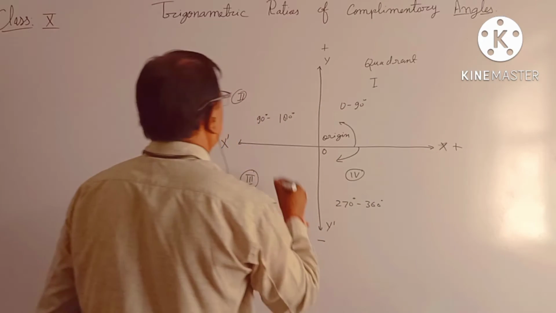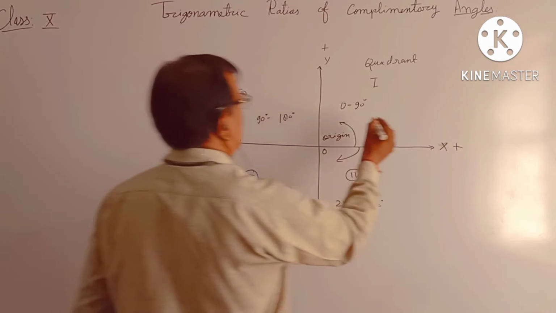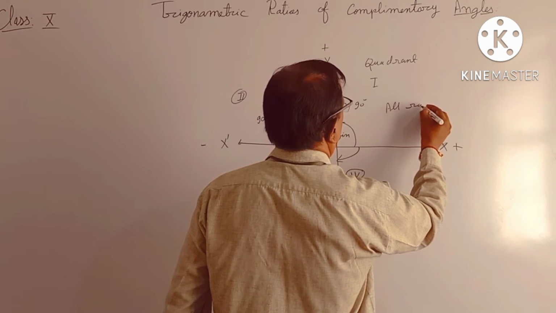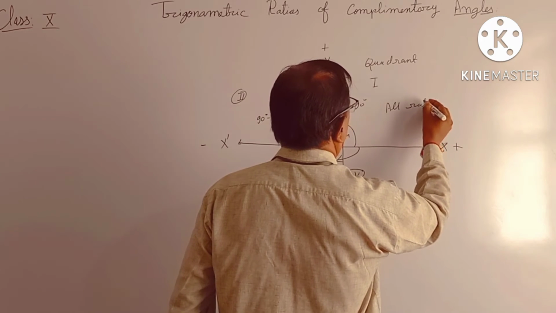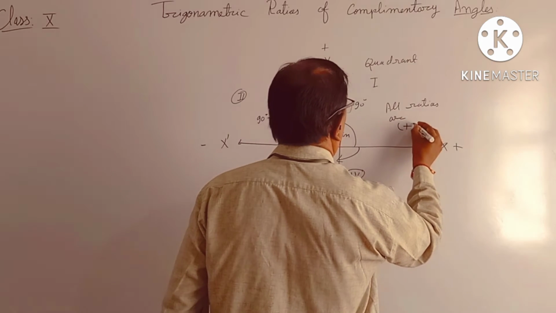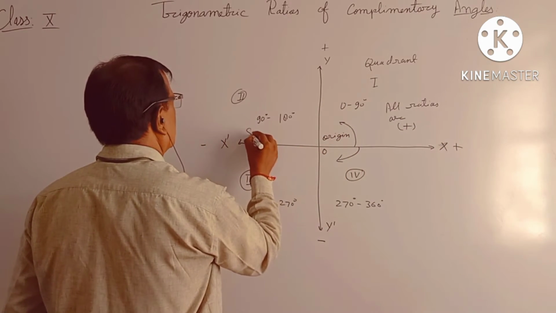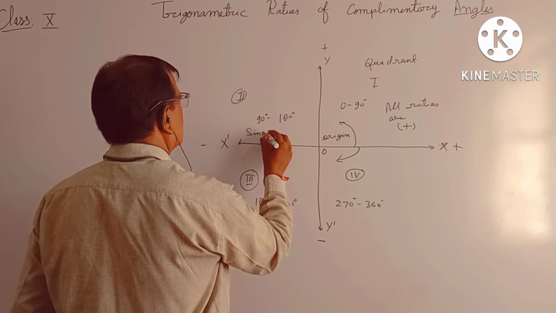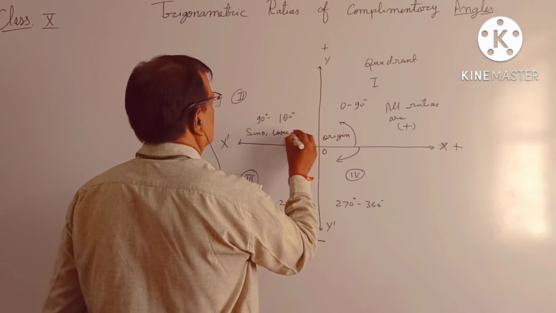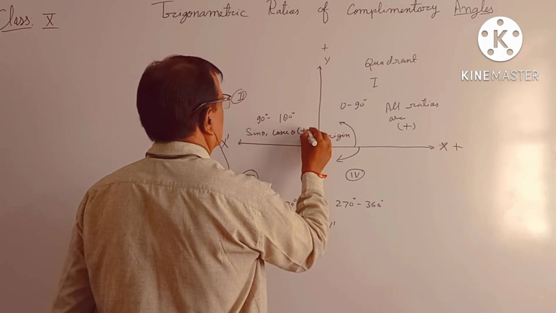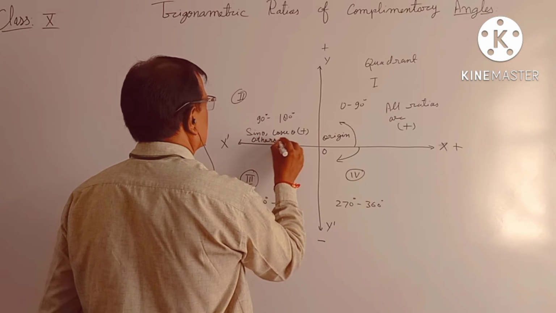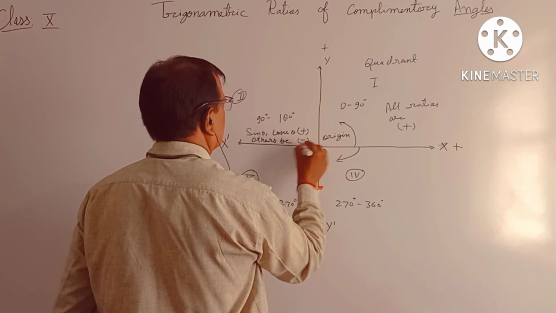So now we write the sign rule. In the first quadrant all ratios are positive. In the second quadrant sin theta and its opposite cosec theta are positive and the others are negative.